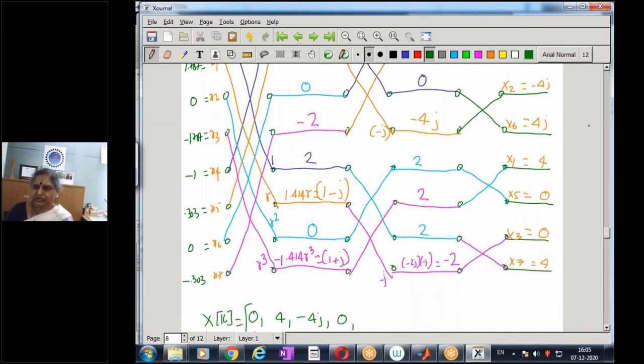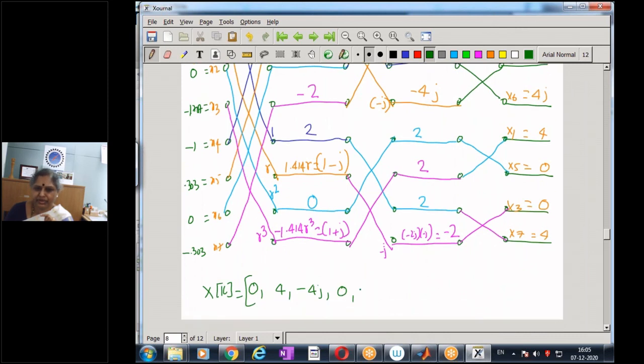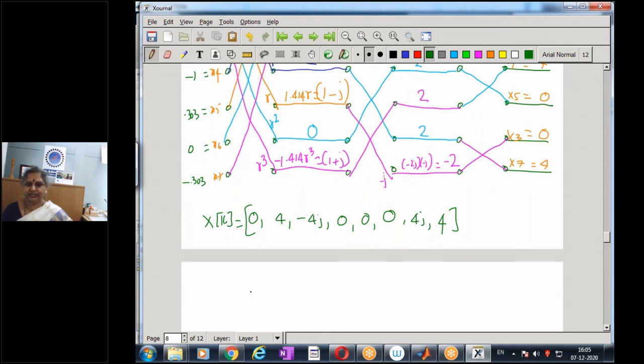X4 is a 0. X5 is a 0. X6 is a 4j and x7 is a 4. This is the final result we are getting, and this result is what we know already. That is, we have taken a cosine signal of one frequency and a sine wave.